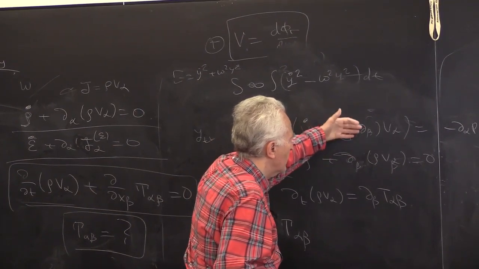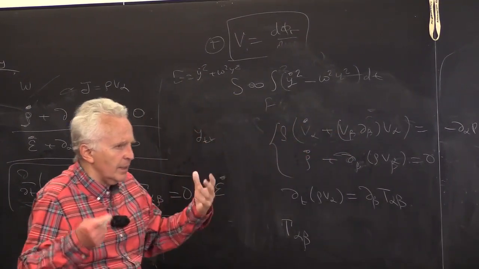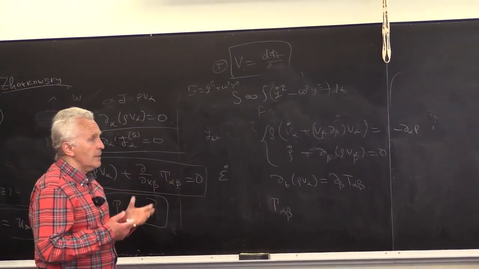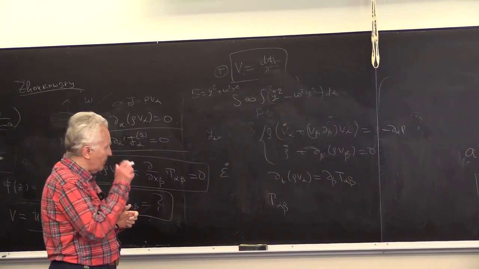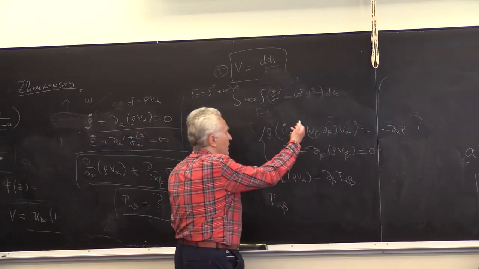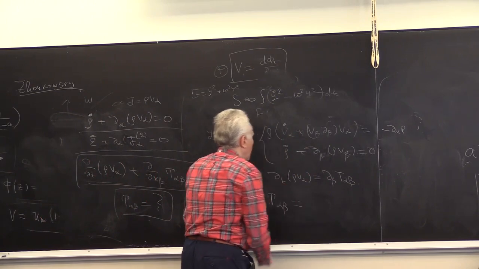Partly looking at this equation, partly thinking in general, you can more or less predict, it would be another derivation of the Euler equation.